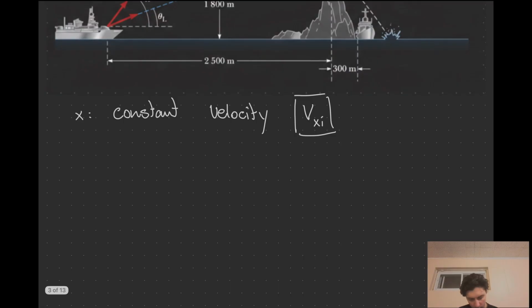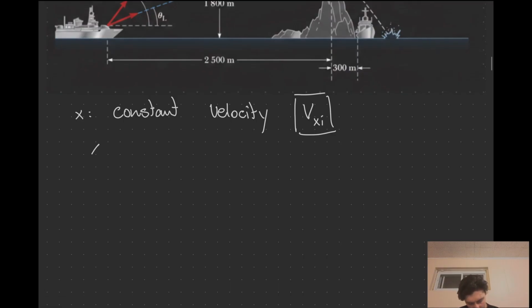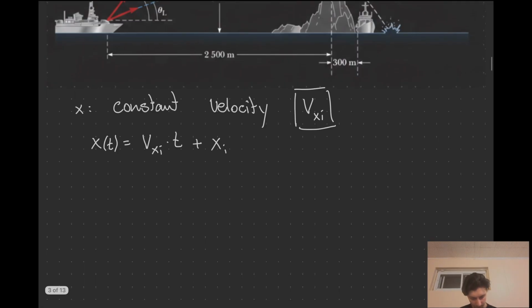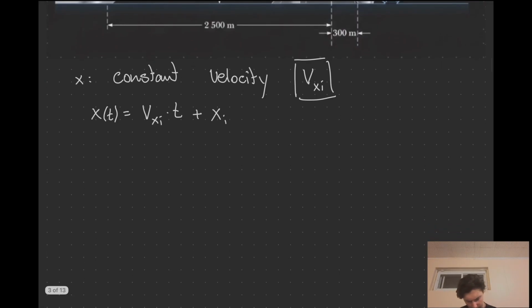And what is happening in the x direction is constant velocity, so we can pull up the constant velocity equation for position, which is Vxi times t, constant velocity times time, plus the initial position. I guess we can figure out what Vix is.